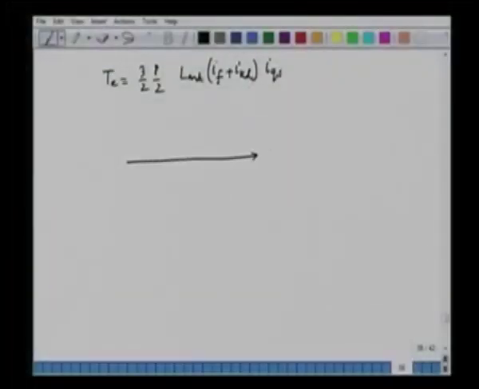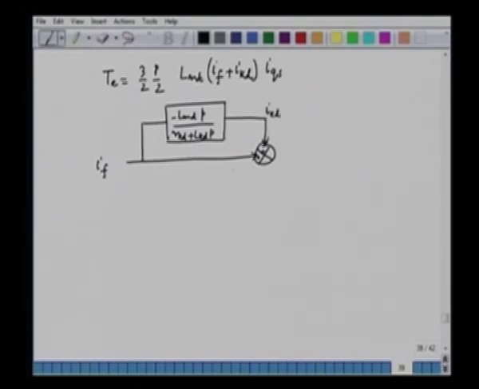Now, here we can draw a block diagram to illustrate how the torque changes with a change of field current. So, what we have here is the following. We have the field current, which is not constant, and that changes with this transfer function LMD P by RKD plus LKD P, and this is IKD.